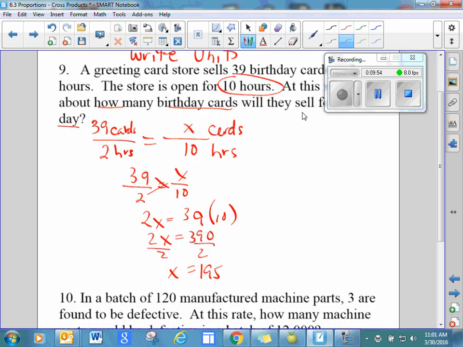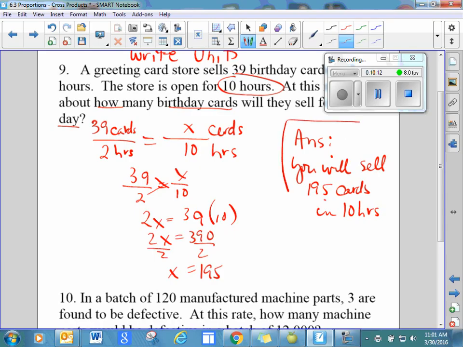So your answer is, and your answer needs to be written in a sentence. The answer is, you will sell 195 cards in 10 hours. This is the format. This is where I'm going to be looking for your answer. This is your work. This is your answer.